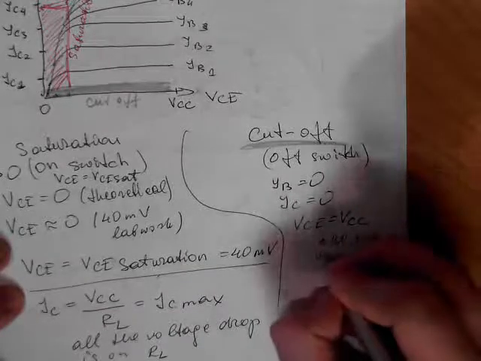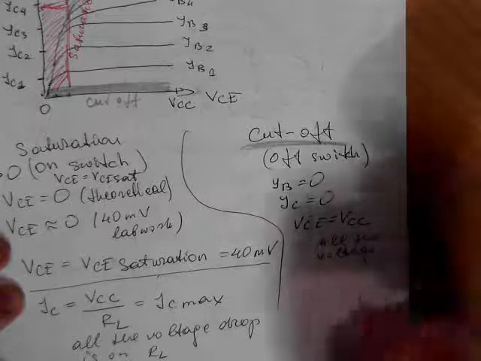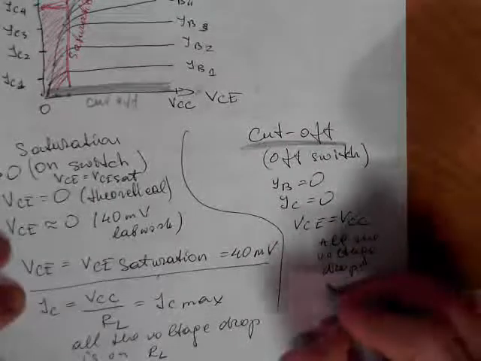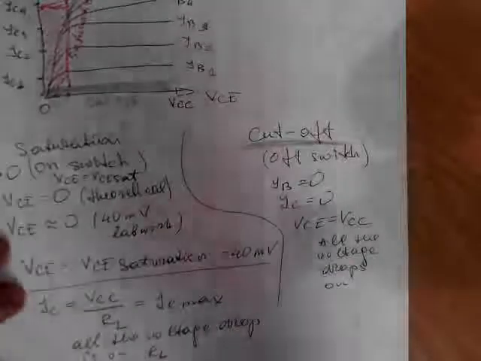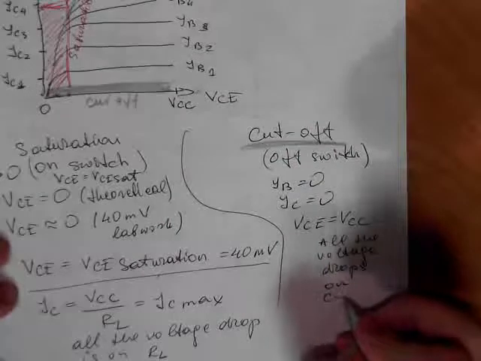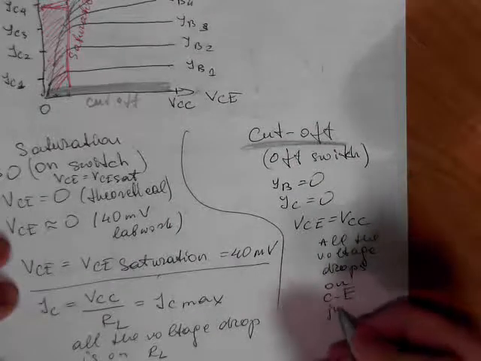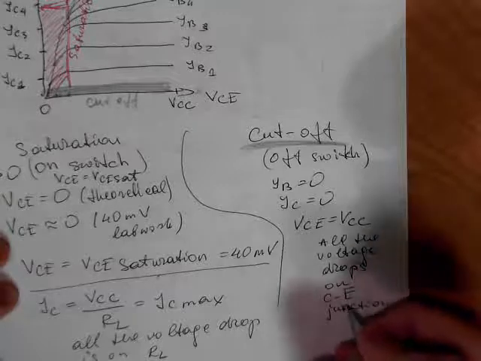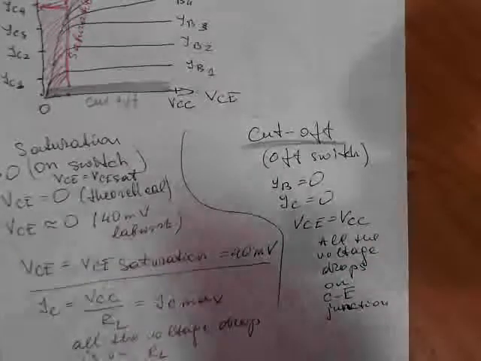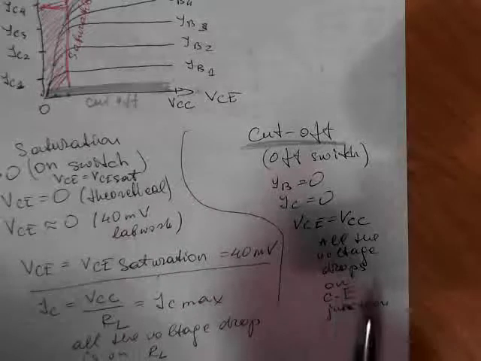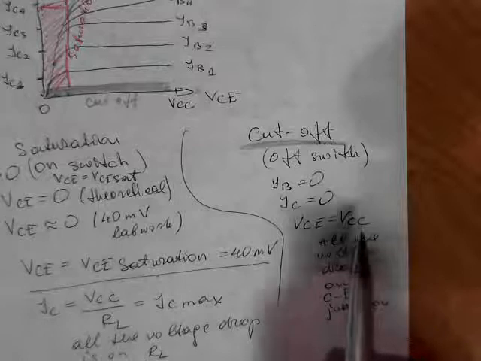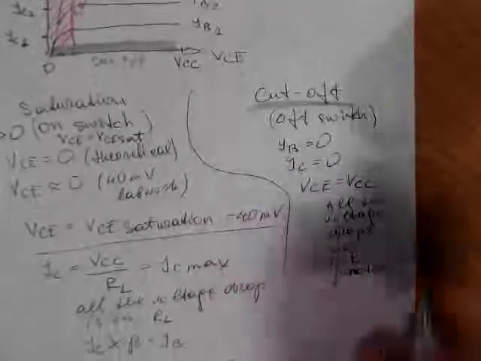All the voltage from the collector power supply drops on the collector emitter junction.